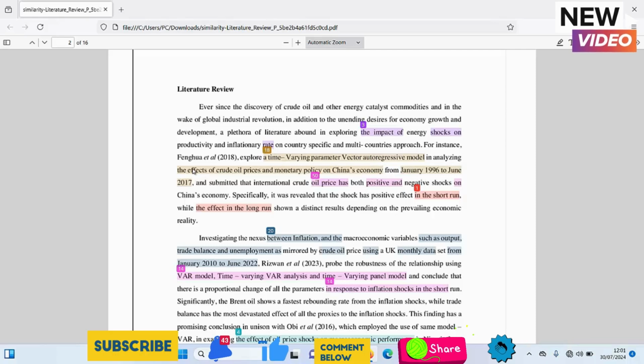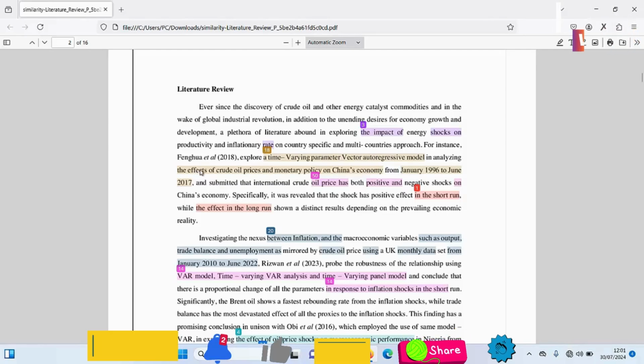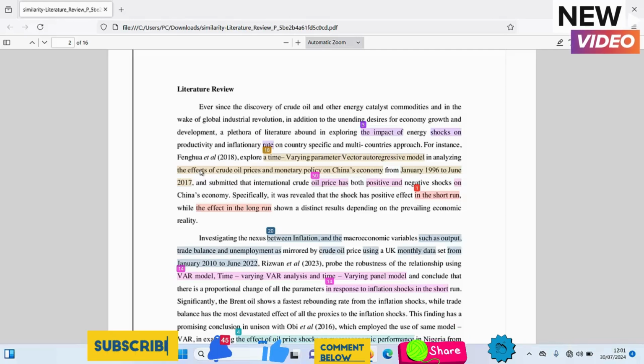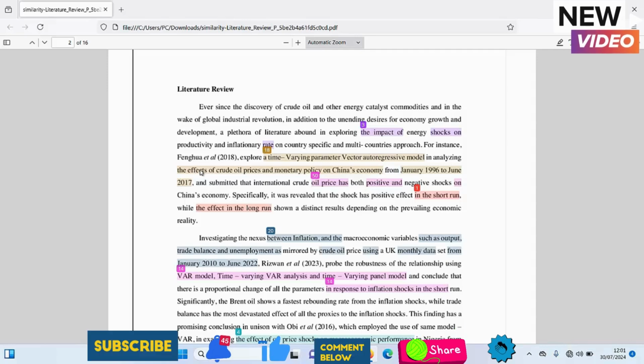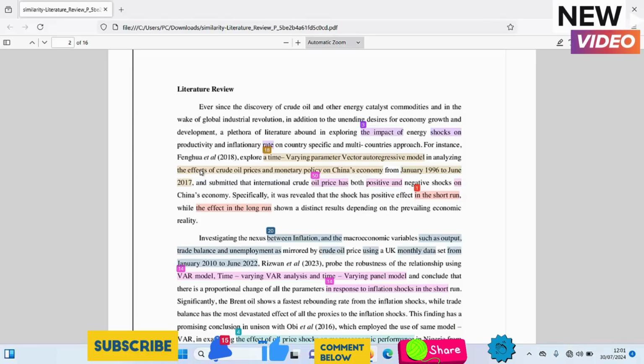So the first thing you need to do is to paraphrase, then you look at synonyms. Instead of effects, you can use impact, you can use influence, you can change the narration and say nexus. So by the time you paraphrase everything, then the similarity index will decline, it will reduce.